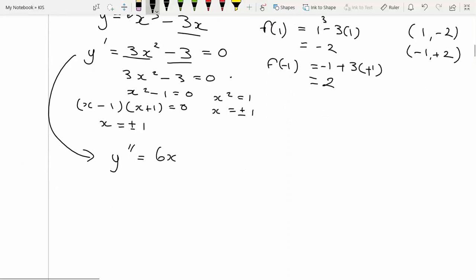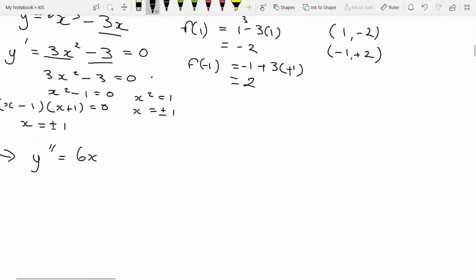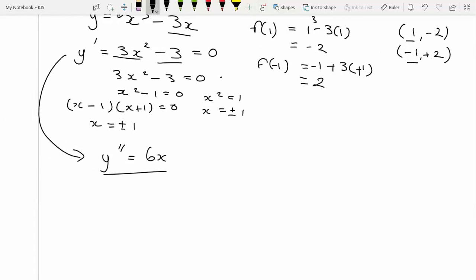Now, what we do is we take these two points, and we substitute each of the x values into this second derivative. So when we substitute minus 1 in, f double dash of minus 1, we're going to get minus 6. The way we tell whether this is a maximum or minimum from this is super easy. What I like to say is if it's negative, it looks like a frowny face.